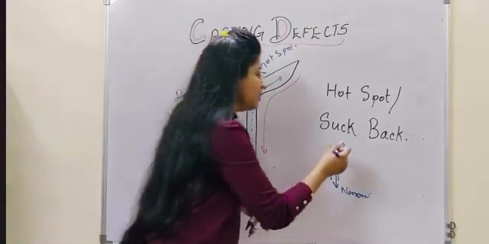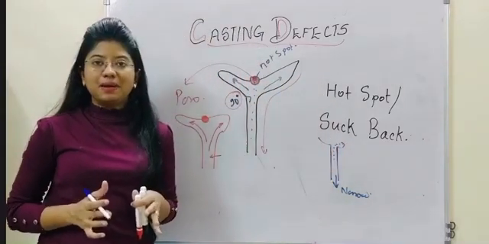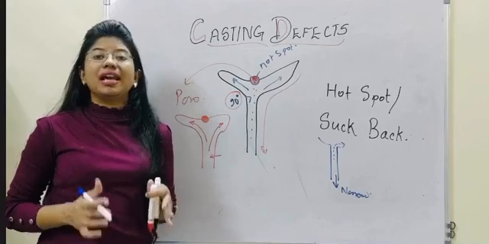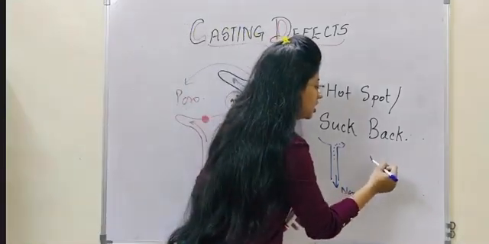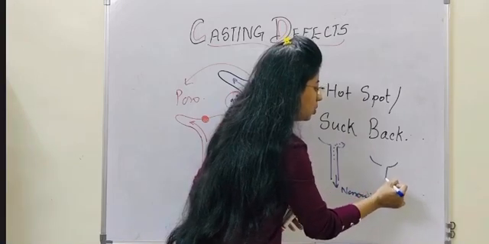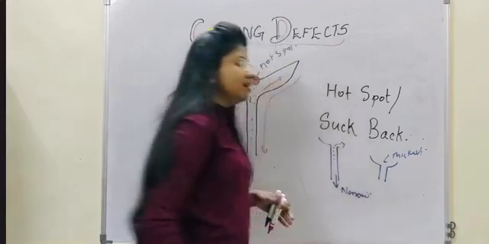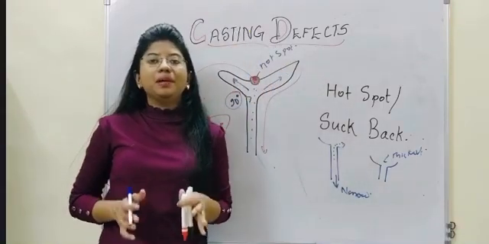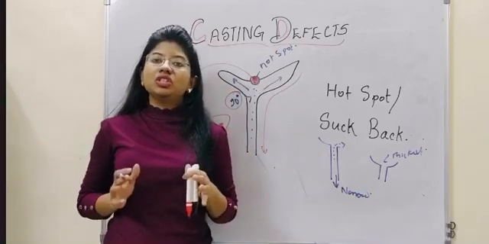Along with that, if the sprue is not attached to the thickest part of the wax pattern, it results in localized shrinkage porosity. To avoid it, you need to attach the sprue to the thickest part of the wax pattern. Secondarily, you should maintain the appropriate diameter of the sprue.